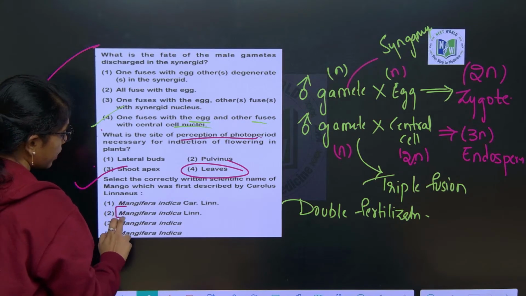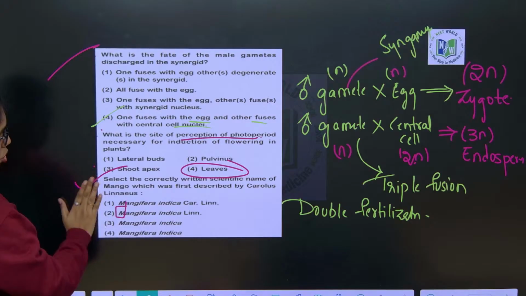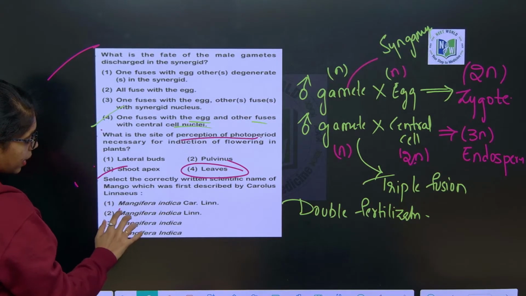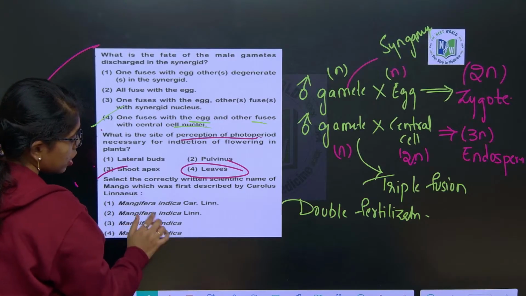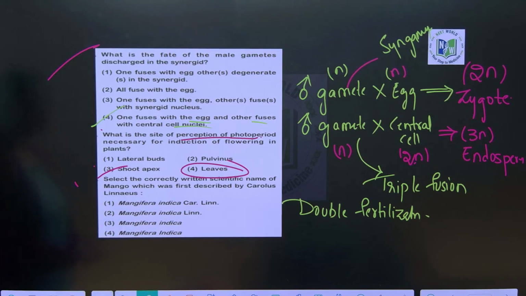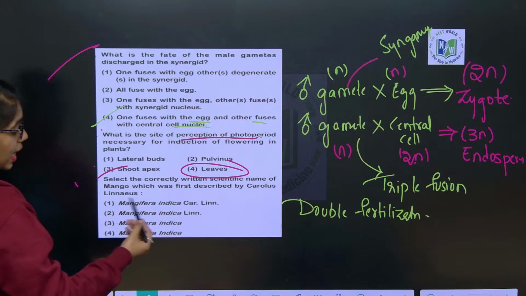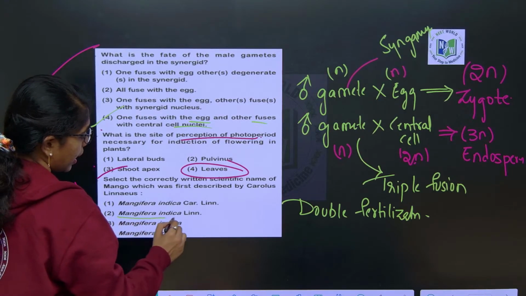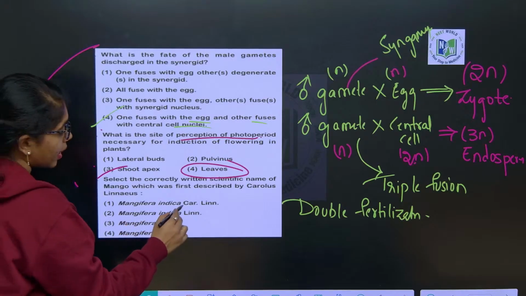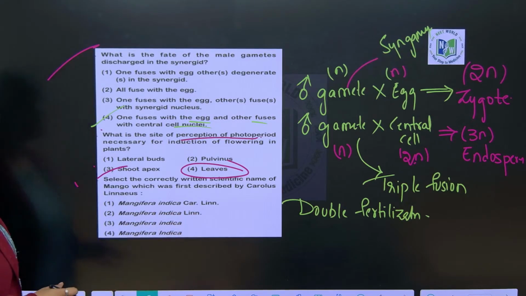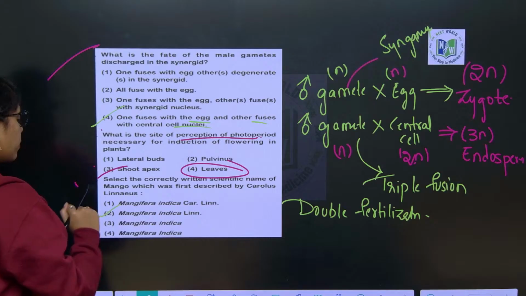The generic name should start with a capital letter, and the specific epithet should be in a small letter. As they are printed, they should be in italics, and the scientist name after that should be in bold or Roman. So here the correct option will be 2.